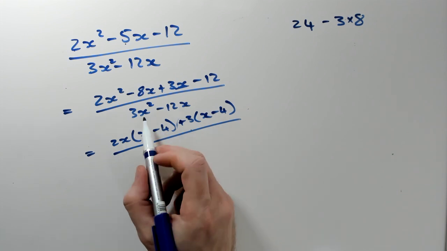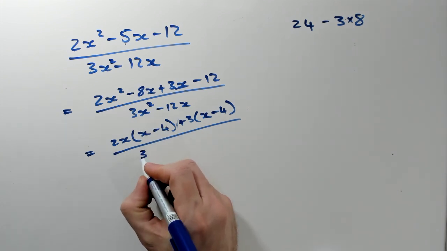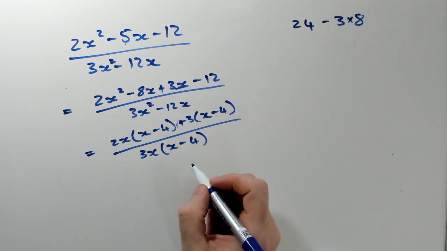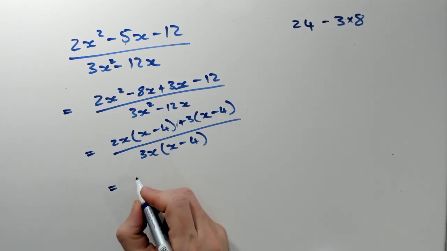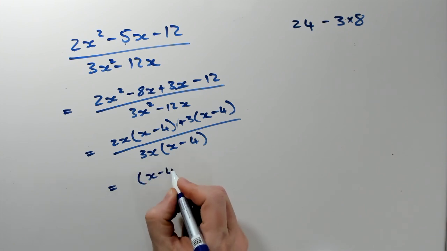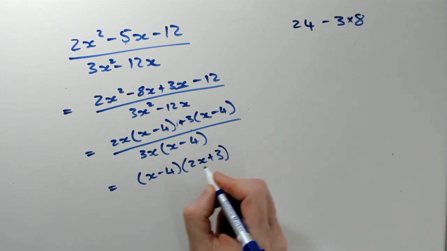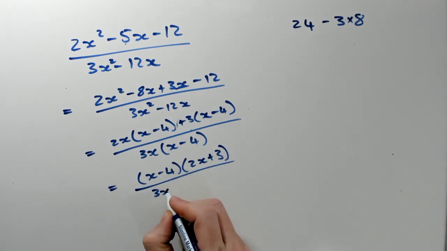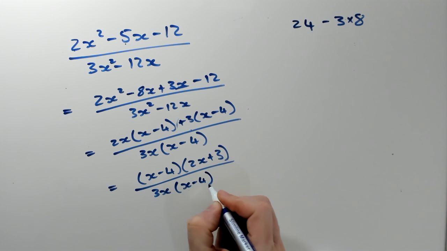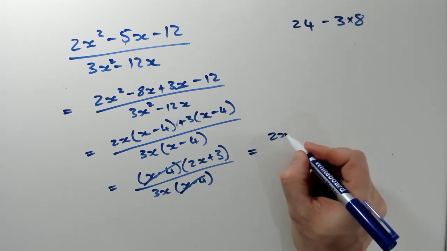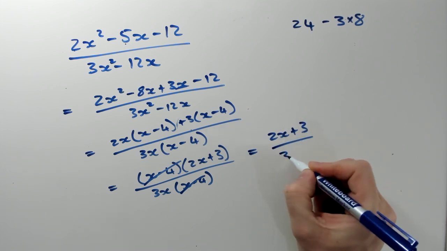And over here, I'm going to take out a 3x, and I'm left with x minus 4. Well, lots of x minus 4s here. And eventually, it's going to be x minus 4 and 2x plus 3 all over 3x, x minus 4. And these would cancel out, and I'll be left with 2x plus 3 over 3x.